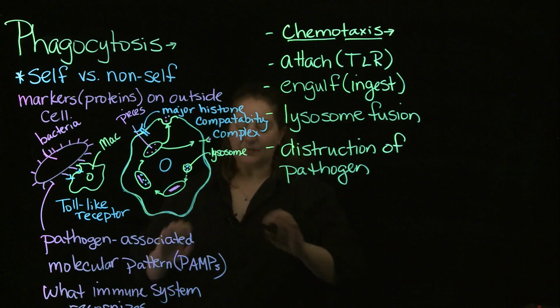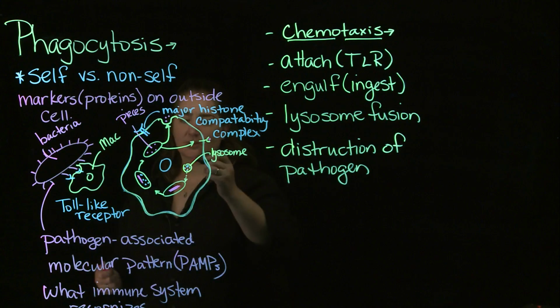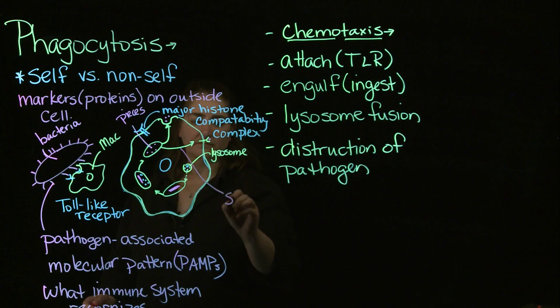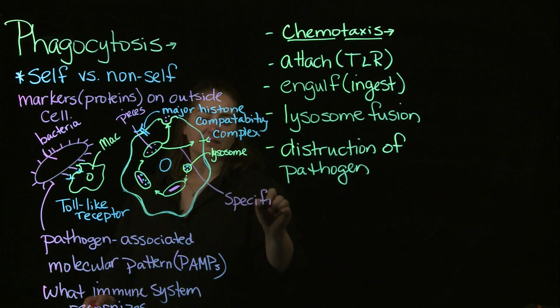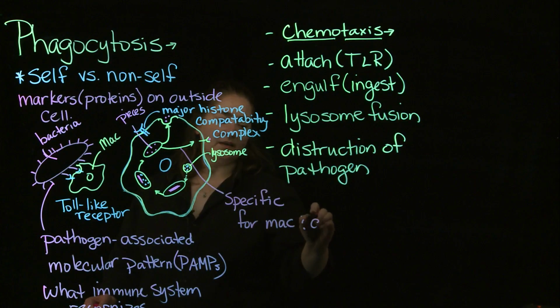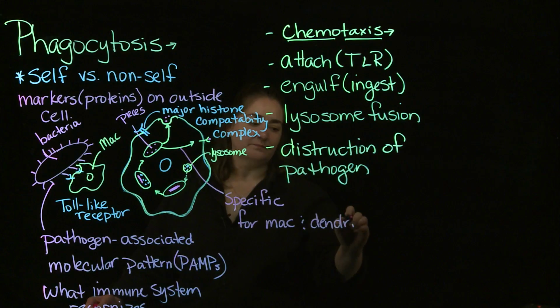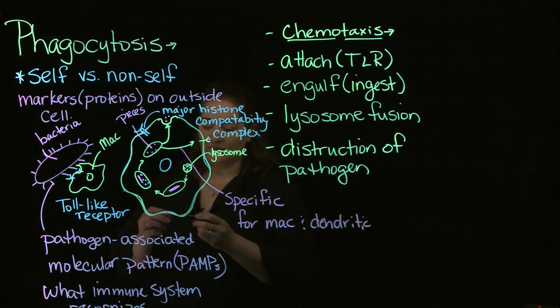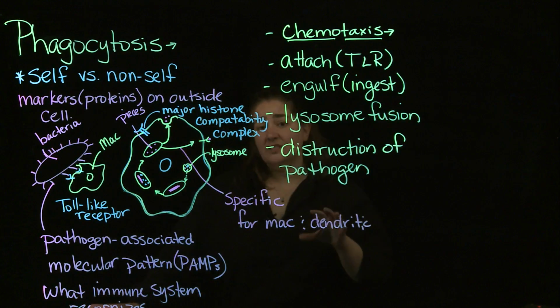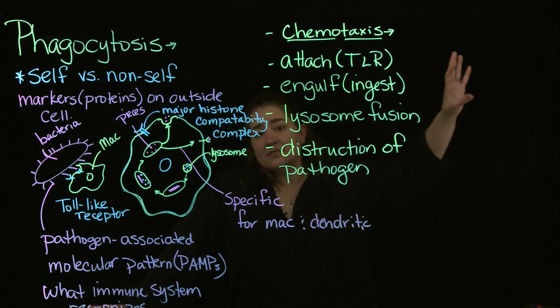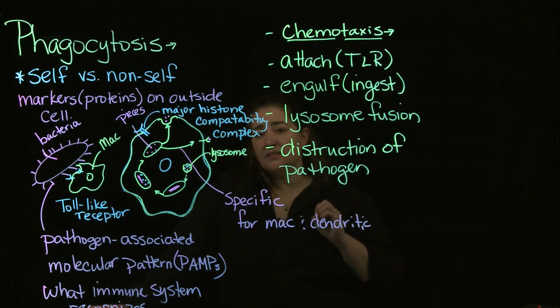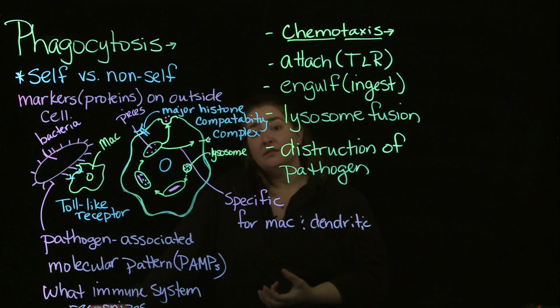Okay? Now keep in mind this pathway here is going to be specific for macrophages and dendritic cells. Okay? Macrophages and dendritic cells have the ability to display parts of that bacteria on the outside of their cell membrane to bring in the specific immune response, specifically either B cells or T cells.